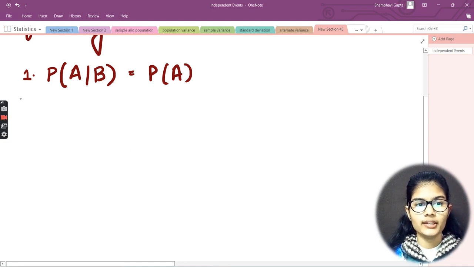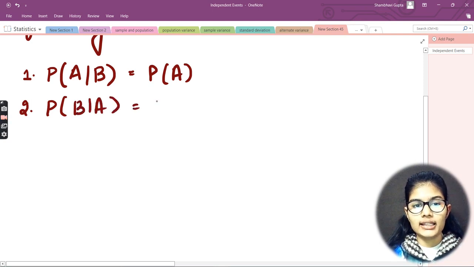Next, the second condition is that the probability of B given A is equal to the probability of B. Any one of these you could choose, whichever is satisfied.